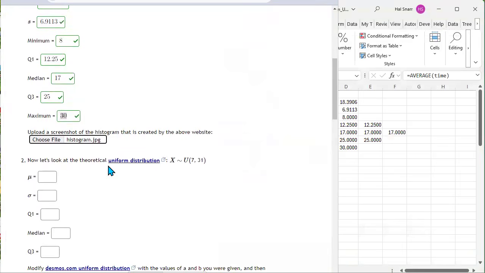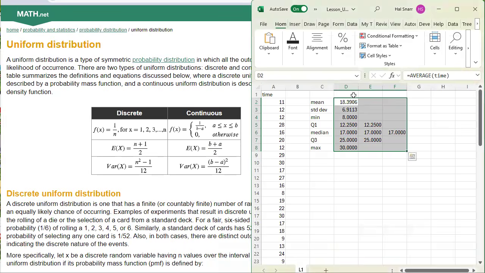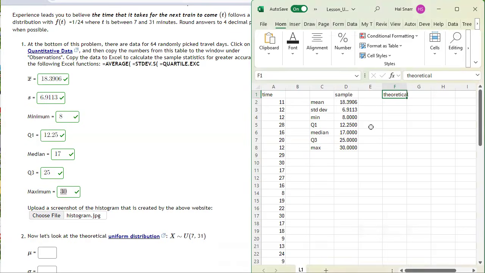Okay, now let's look at the theoretical uniform distribution. So down here, this is the sample, and this is the theoretical. I'm going to call this A. I'm going to call this B. Theoretically, my A is 7. My B is 31.